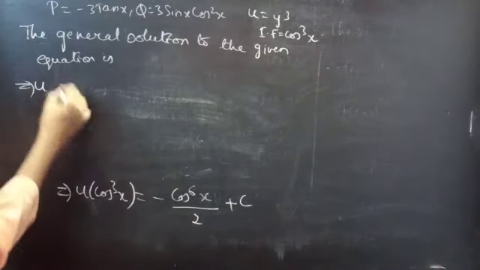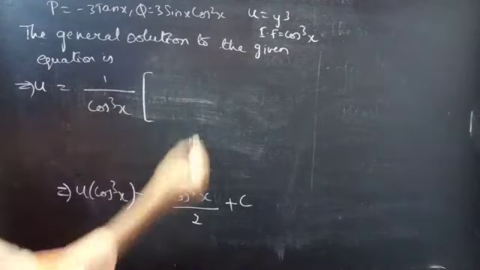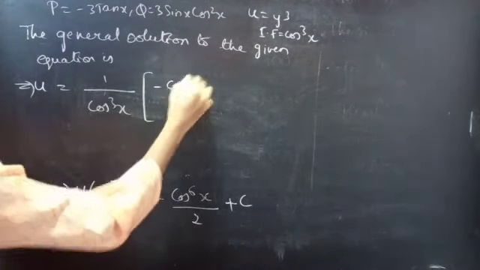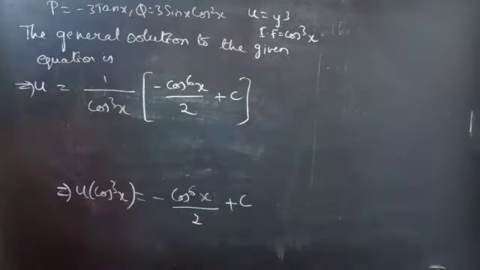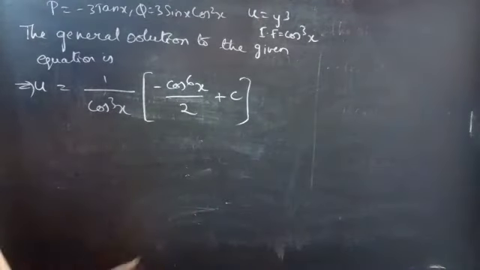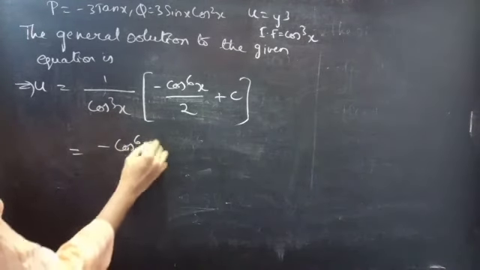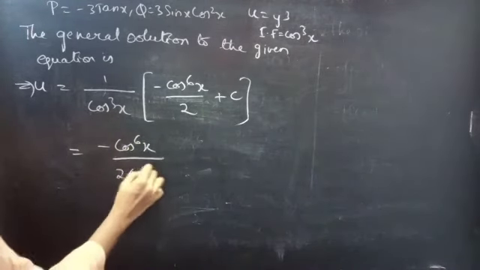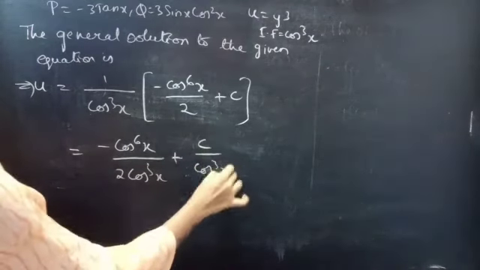This becomes u equals 1 by cos cube x times minus cos power 6x by 2 plus c, which equals minus cos power 6x by 2 into cos cube x plus c by cos cube x.